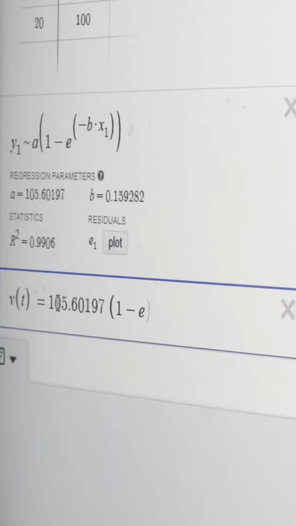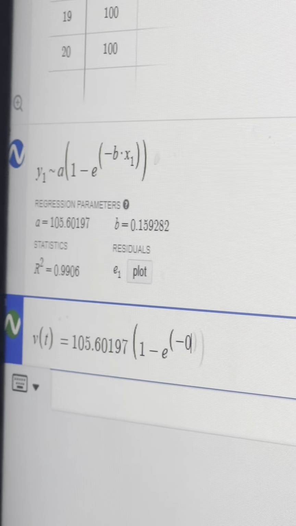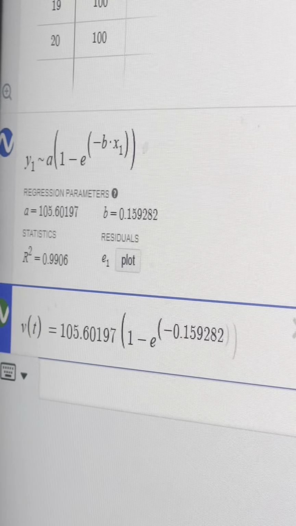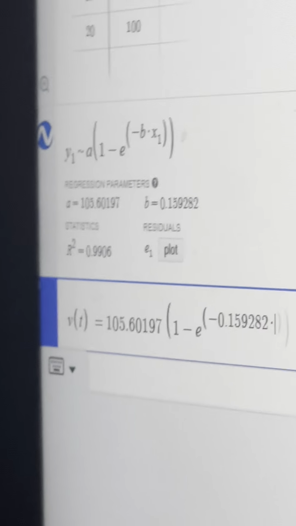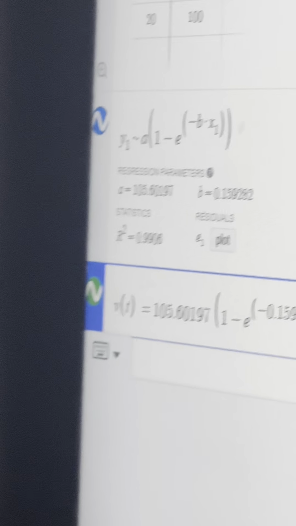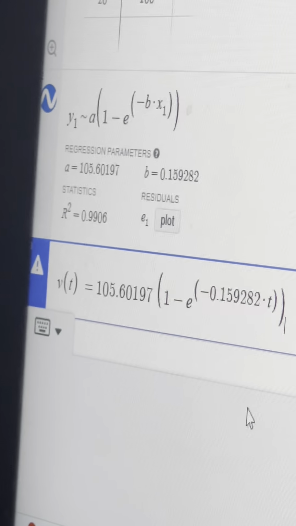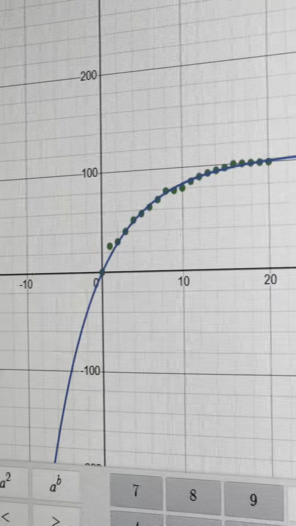And then in parentheses we got 1 minus e to the parentheses to the negative b times, 0.159282, times t, parentheses. There we go. Perfect. So now we've got a curve that we can work with, because speed is obviously inconsistent.